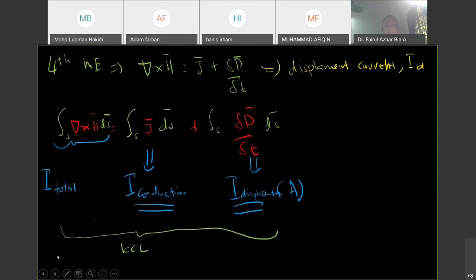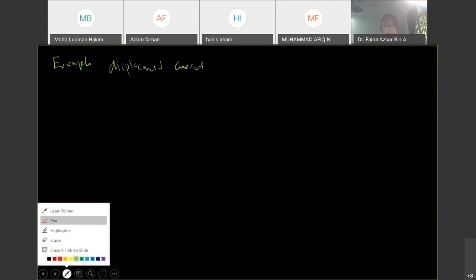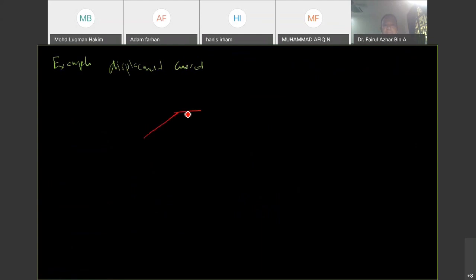So what is the example for the displacement current? Let's consider that we have a capacitor.